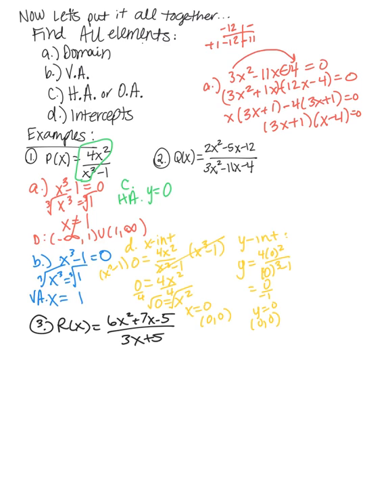Okay, so now that it is factored, I would set each factor equal to 0 and solve it. Okay, then I have x minus 4 equals 0.